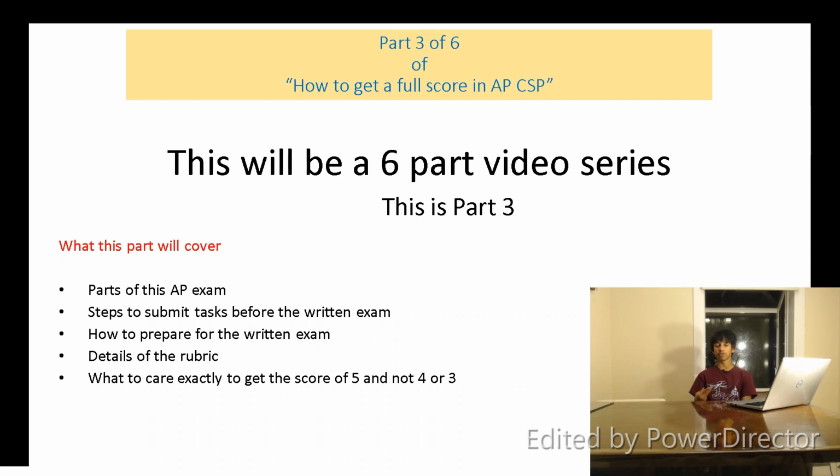I showed you the rubric and what rules to follow exactly to make sure that you get all the points available for the Create and Explore tasks. I also showed you what each part meant, and I gave you some examples of things that could meet the criteria for those rubrics.